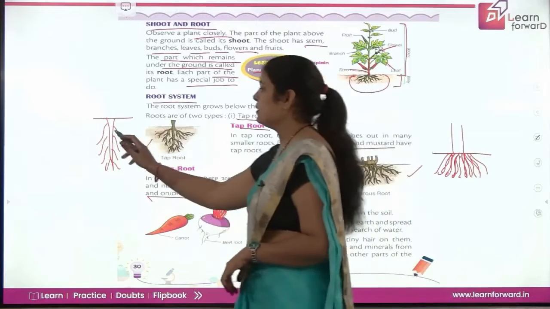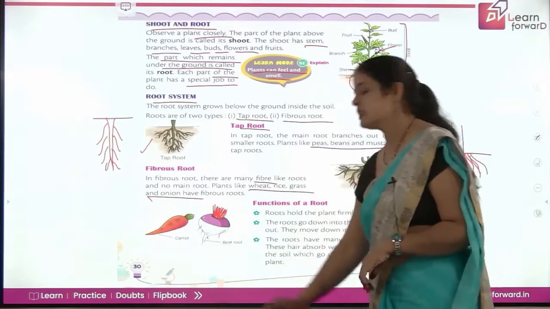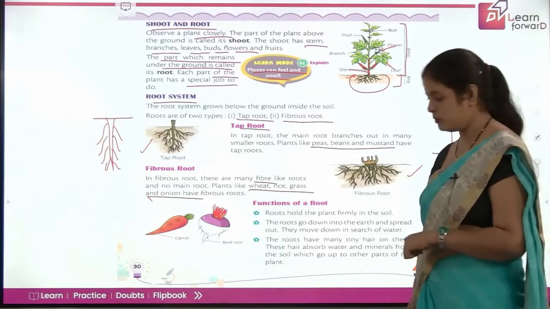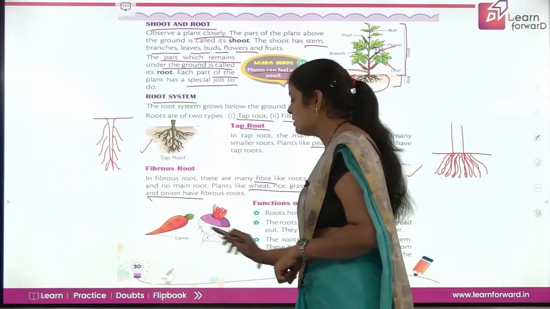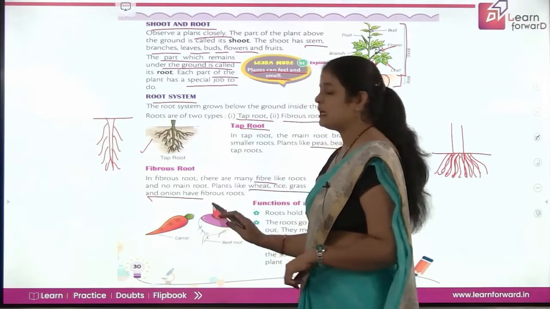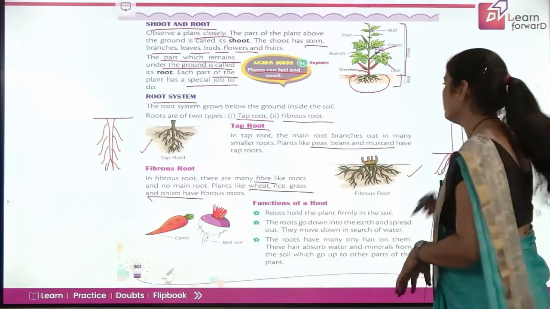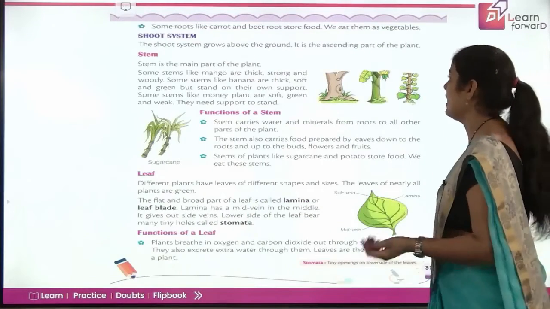Carrot is an example of tap root. And beetroot is an example of again what? Tap root. So here these two vegetables are grown under the ground. This is the root part of the plant. They store food and are edible.